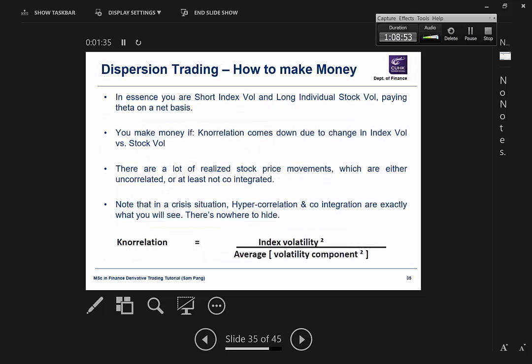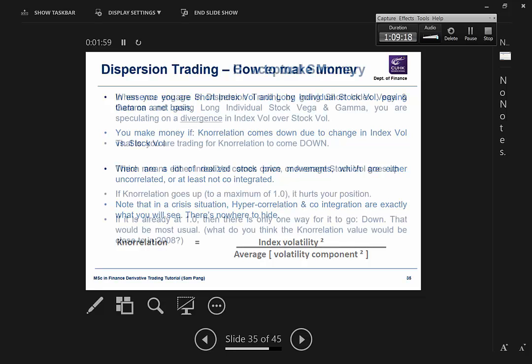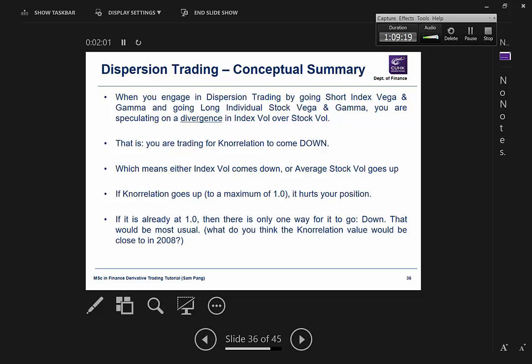Dispersion trading is really nothing more than what is sometimes called volatility arbitrage or index volatility arbitrage. It's about trading an index, or options on the index, versus options on the individual stocks within the basket. I might say a bit more about this maybe in the video.